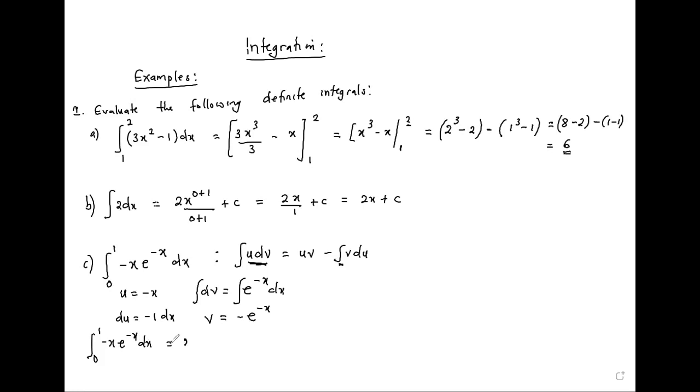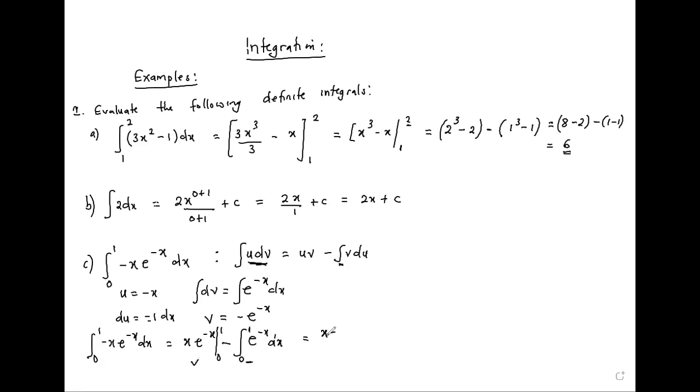Negative negative gives a positive, and then minus the integral of -1 by negative e to the negative x, so we just have e to the negative x dx. Then integrate this. At this point we are saying from 0 to 1, because here we are done integrating.